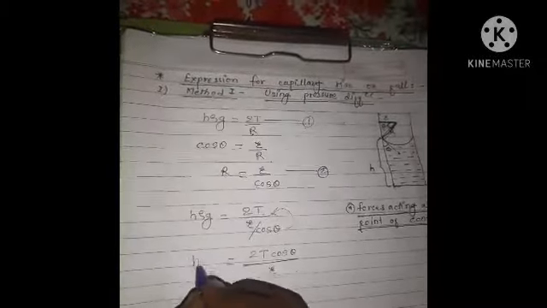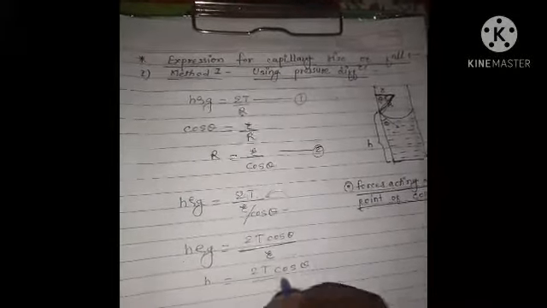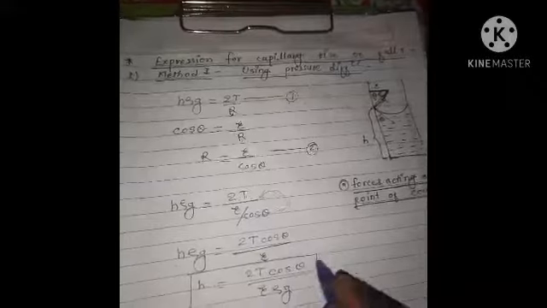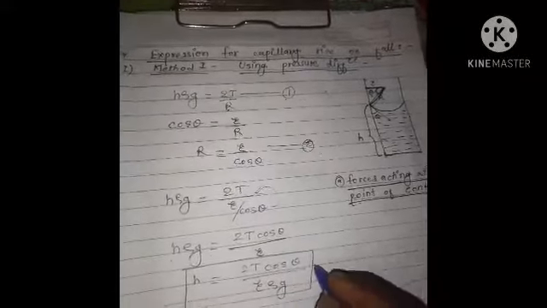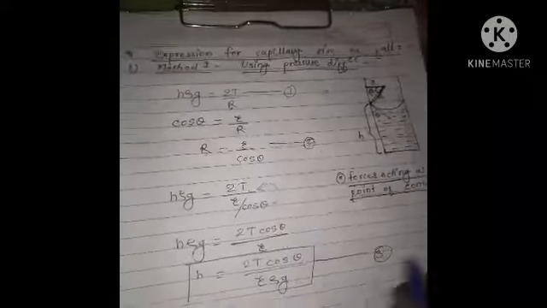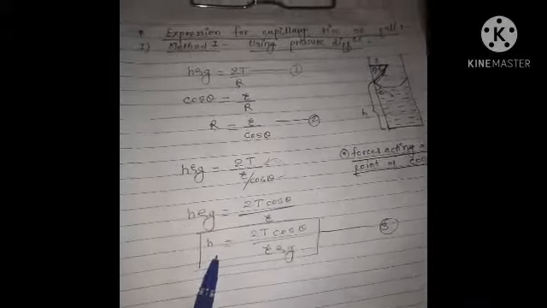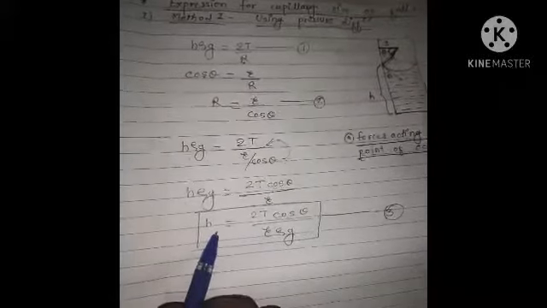Therefore h rho g is equal to this, and simply h is equal to 2T cos theta divided by r rho g. Thus this is an expression for capillary rise or fall for a liquid.